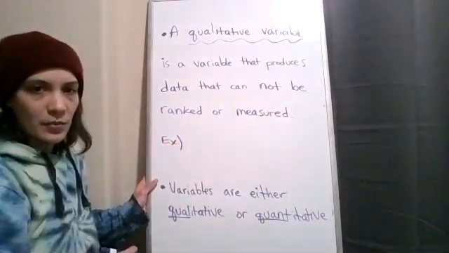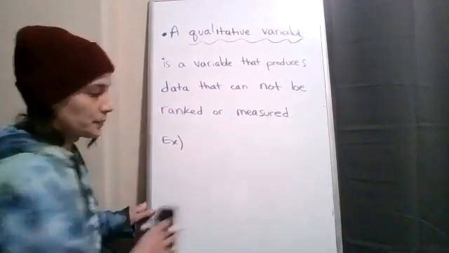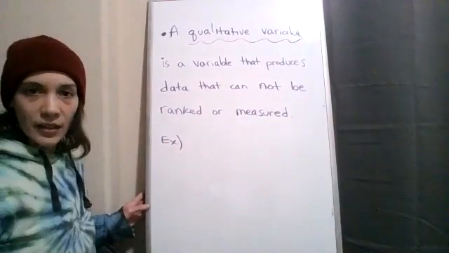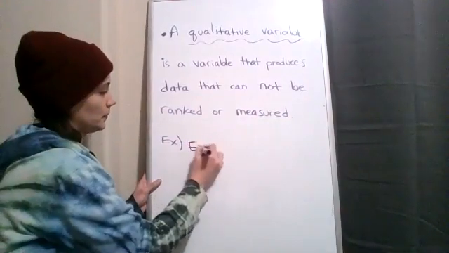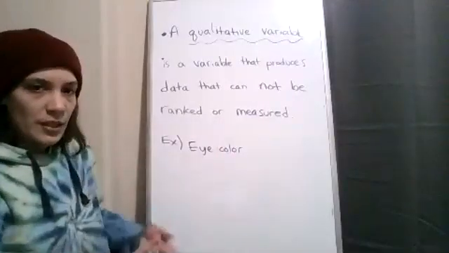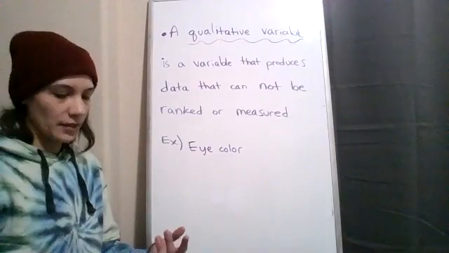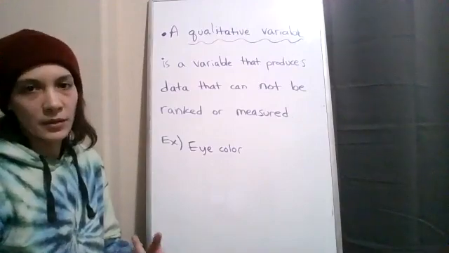I'm going to list some examples. Like eye color. That variable can assume the different characteristics of color being green or blue or brown, or hazel, and so on.